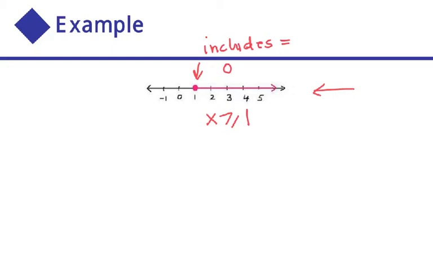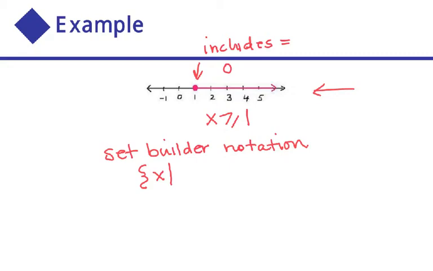There are two other ways that we can write these that we're going to talk about. One is called set builder notation. And set builder notation goes like this. You start out with the brackets and you put in your variable name. The set of all x is how that reads, such that x is greater than or equal to 1.